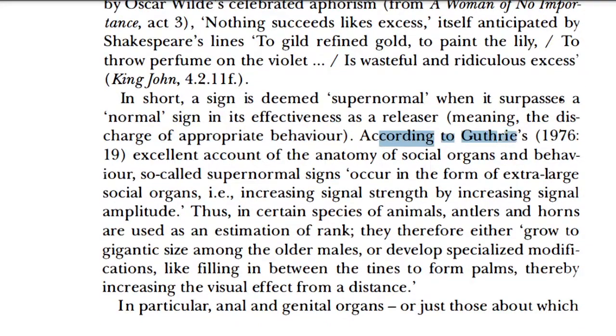According to Guthrie's 1976, is that Arlo Guthrie? Excellent account of the anatomy of social organs and behavior, so-called supernormal signs occur in the form of extra-large social organs. An example, increasing signal strength by increasing signal amplitude. Thus, in certain species of animals, antlers and horns are used as an estimation of rank.